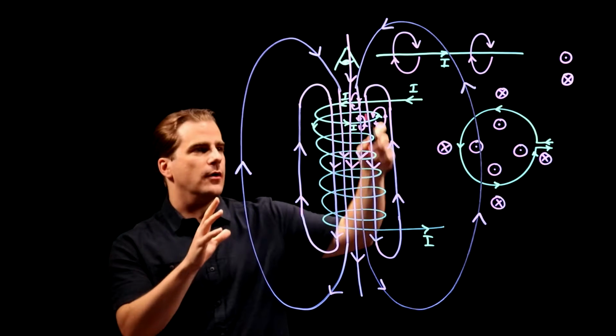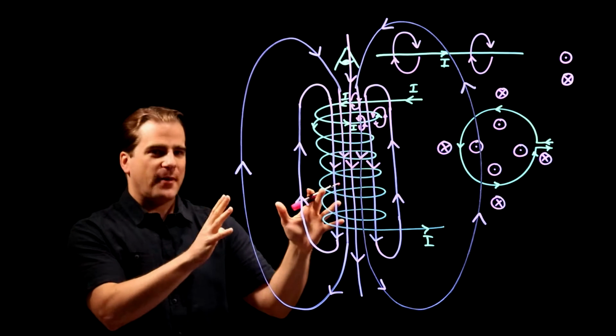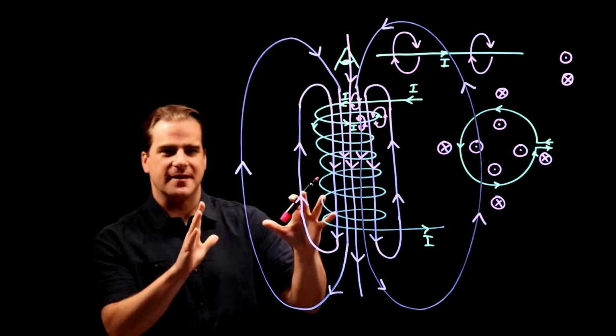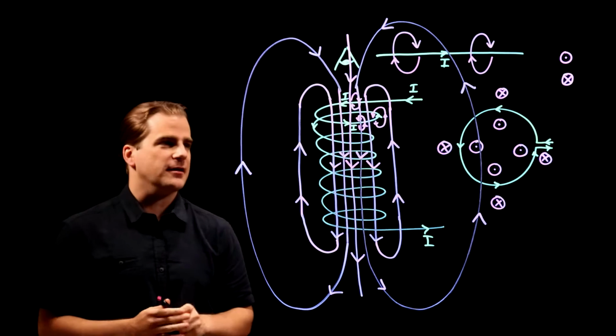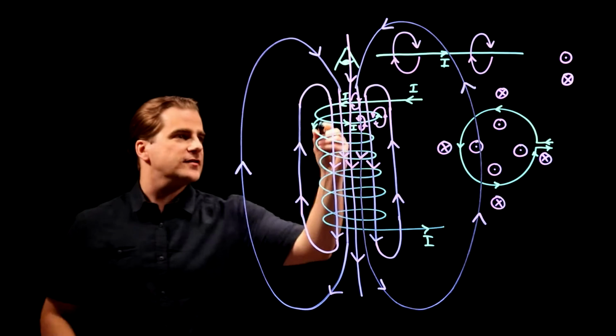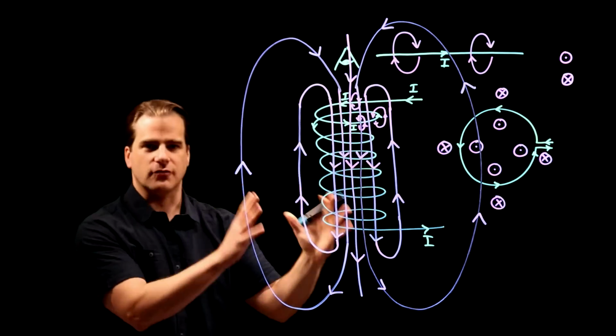Well, an electromagnet. I hesitate because to describe it as an electromagnet, you just need one final thing, and that's you just need to put a soft iron core inside the coil. That just makes it stronger.